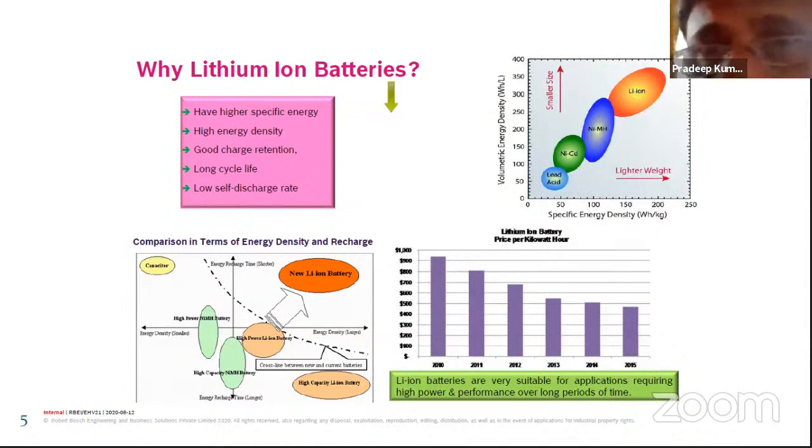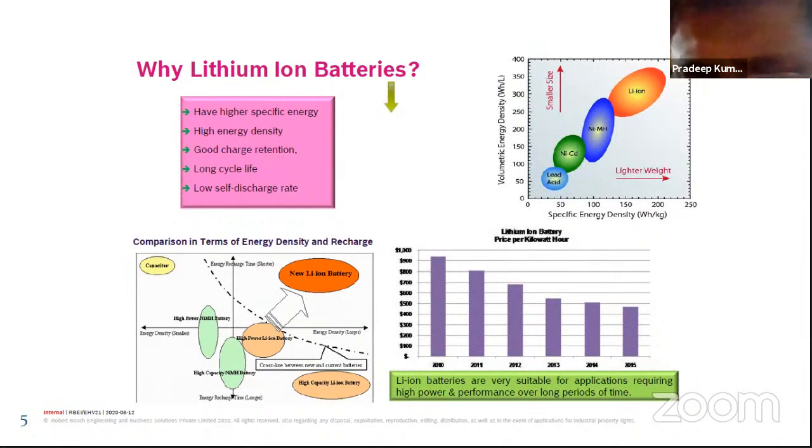The energy density of petrol is around 12,000 watt hour per kg, whereas the best lithium ion is somewhere close to 300, so it is very less. One of the technologies going to happen in lithium ion batteries is to keep changing the battery chemistry so that you can get at least 1000 watt-hour per kg in the next 2 to 3 years. This is the target.